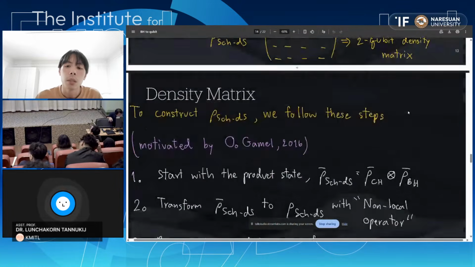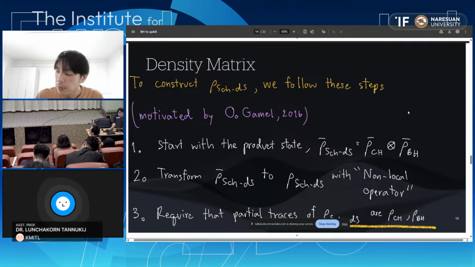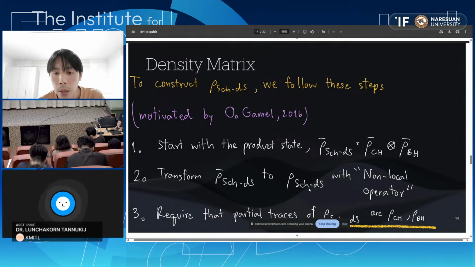So you're using the tensor product for 2 qubits, so you're assuming that there isn't any quantum correlation or entanglement between the two entropies, or the two horizons you're mentioning. Yes, if you start with the tensor product of these density matrices, then of course there is no quantum interaction or entanglement.